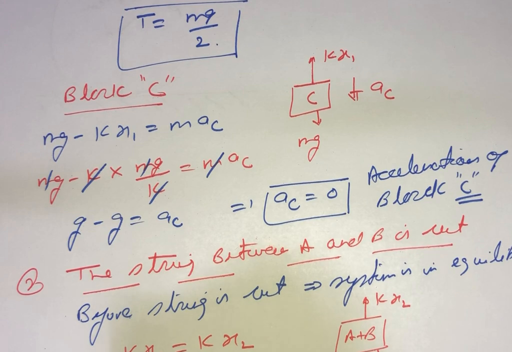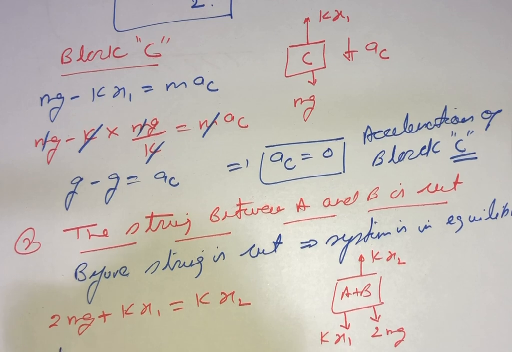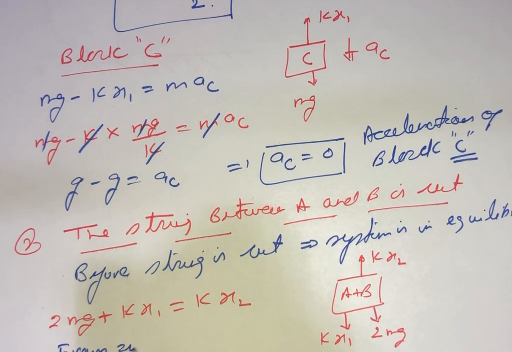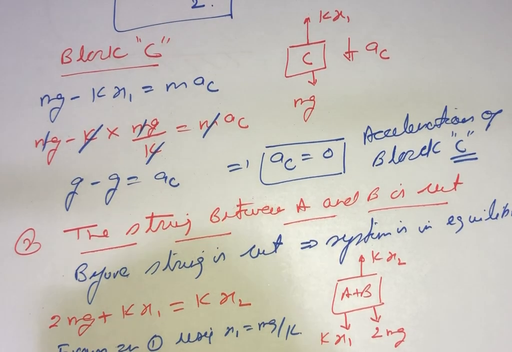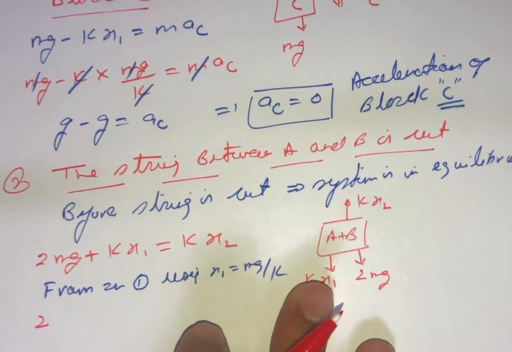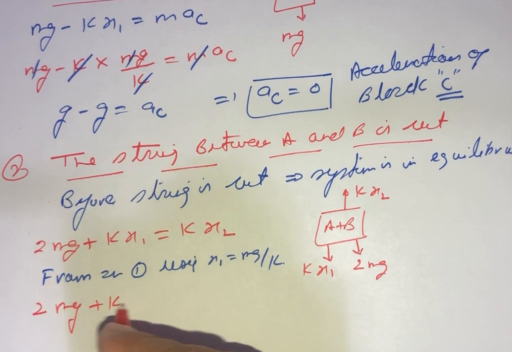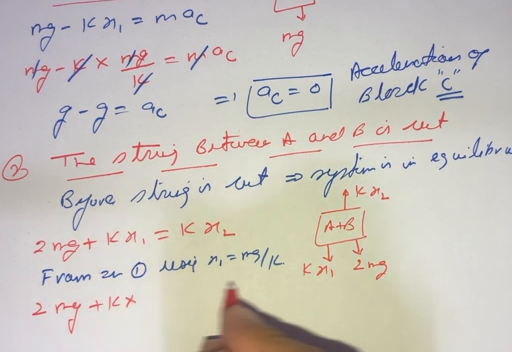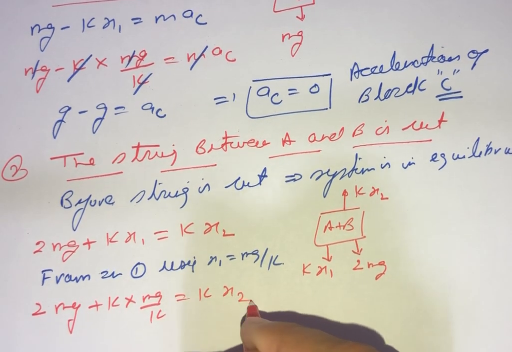Putting the value of x1 from equation 1, using x1 is equal to mg by k, we get 2mg plus k into mg by k is equal to k times x2.